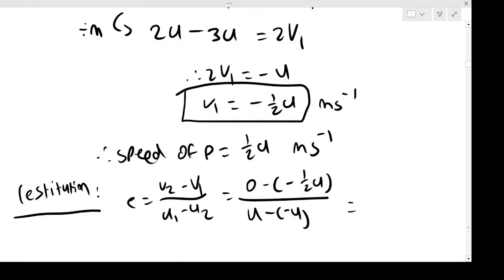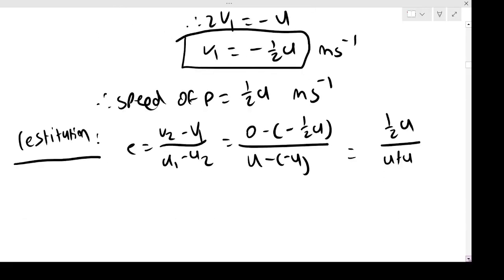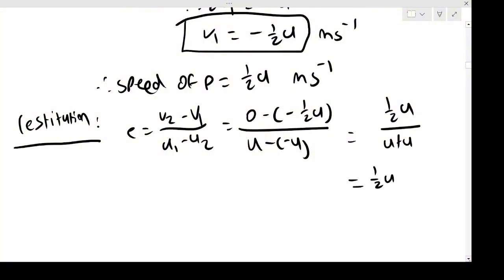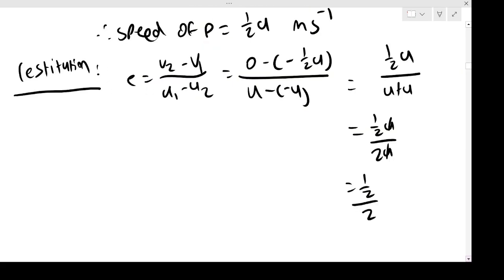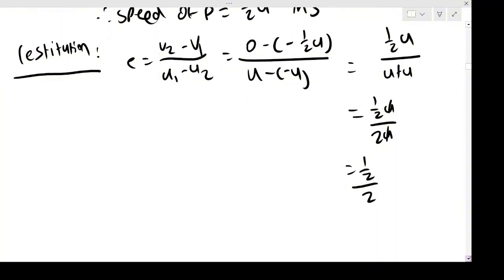Okay, so that's going to be positive a half u over u plus u, and so if we keep simplifying, we get a half u over 2u, and actually then we can cancel the u's out, so it's going to be a half over 2. Now you could work this out on your calculator, but if you're struggling to work that out, split it up to a half and then literally divide it by 2 like this, and then we can do a half times 1 over 2, and that'd be a quarter.